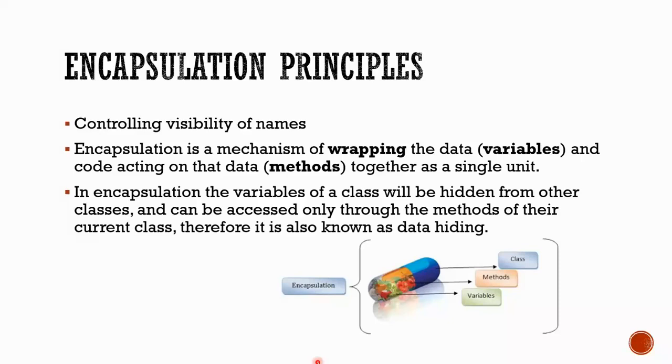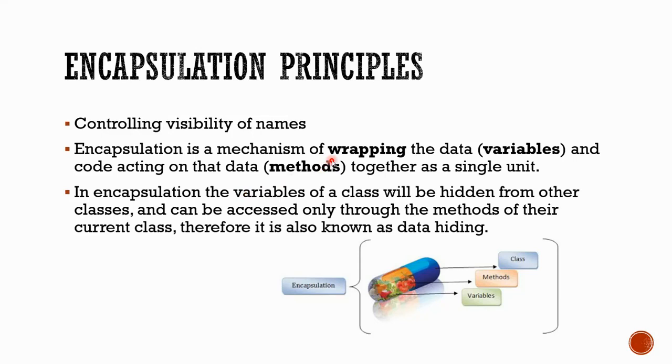Encapsulation principles. The core idea of encapsulation is wrapping the data and the code acting on that data together as a single unit. If we think of an object, can that be accepted as a single unit? For sure, yes.